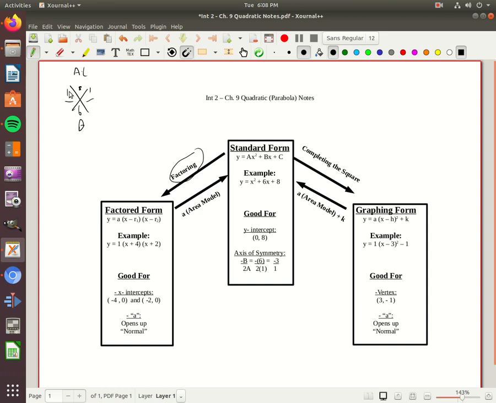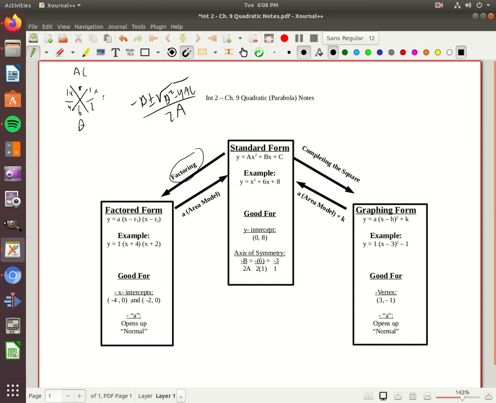In this case, you can see it works out really easily for 4 and 2. Or we could use the quadratic formula, which is negative b plus or minus square root of b squared minus 4ac, all of it over 2a.